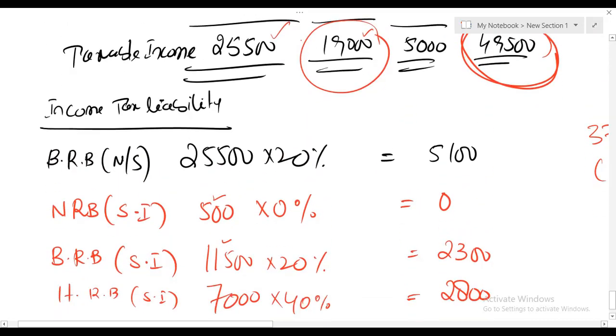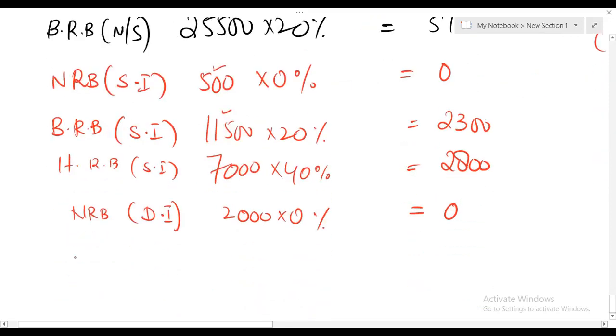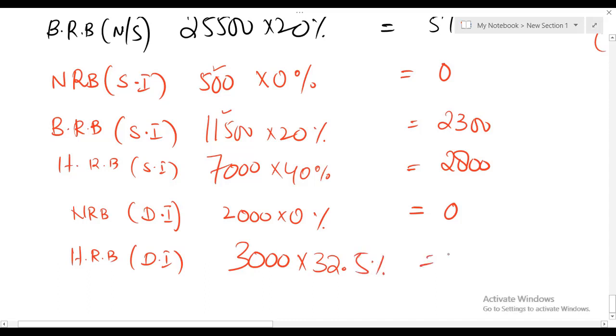Okay, and we have total dividend income of 5,000. Out of 5,000, first 2,000 falls in nil rate band, remaining 3,000 obviously falls in higher rate band. Higher rate band dividend income. In case of dividend income higher rate band, the tax rate is 32.5%. If I take 32.5% of 3,000, I'll get 975.